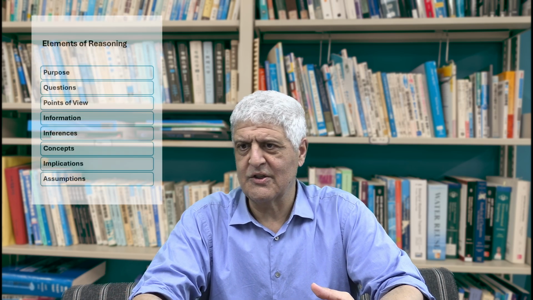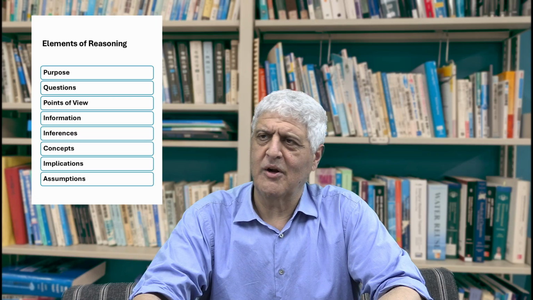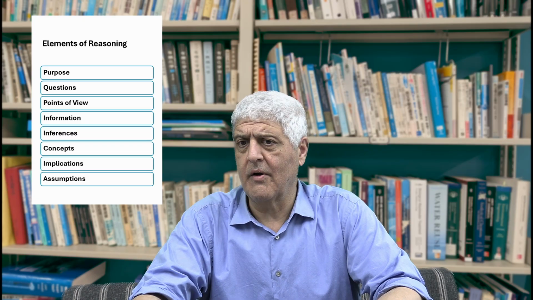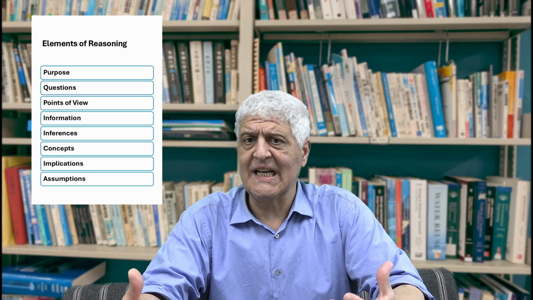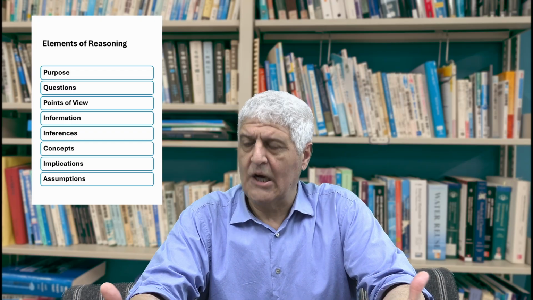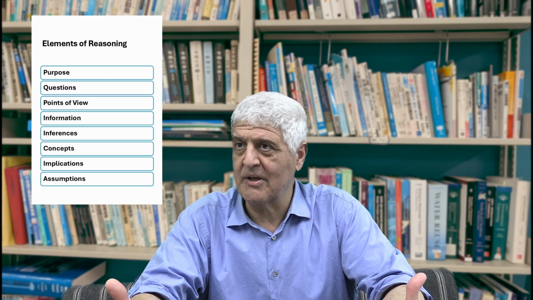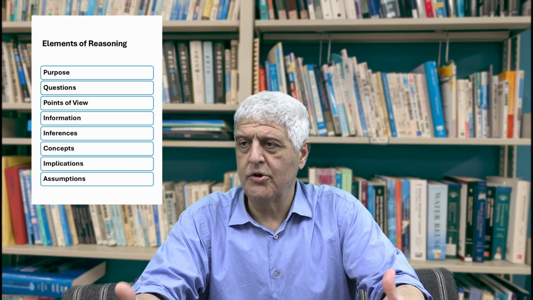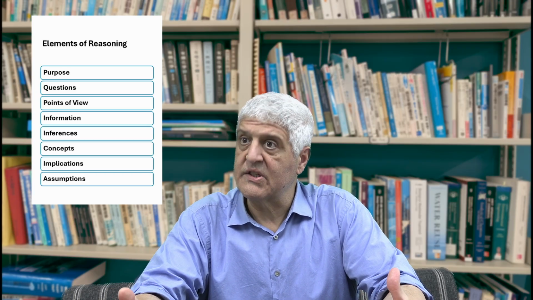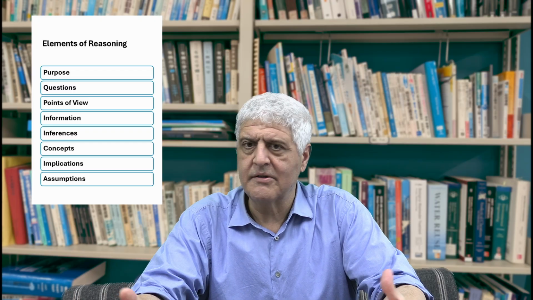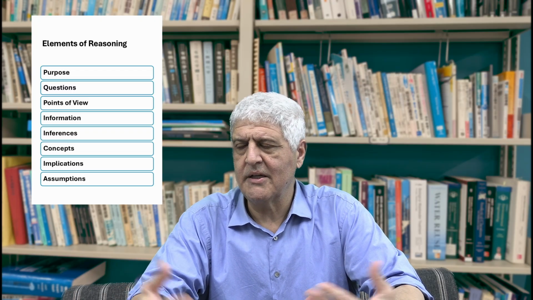So you're not just starting from any fixed order. There are elements that exist in all reasoning. If you're truly reasoning about something, it will include all of those elements to some extent. And if we're communicating about it, then we have to identify unclear parts and try to improve them.